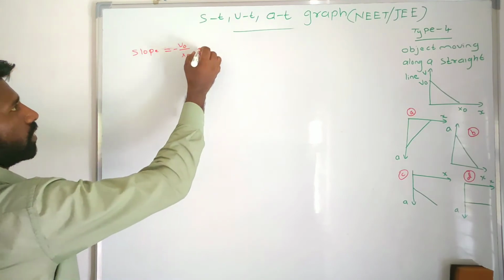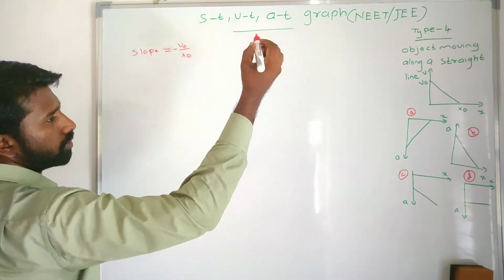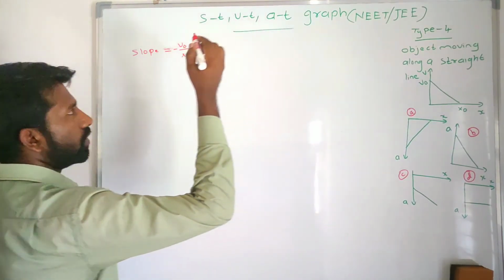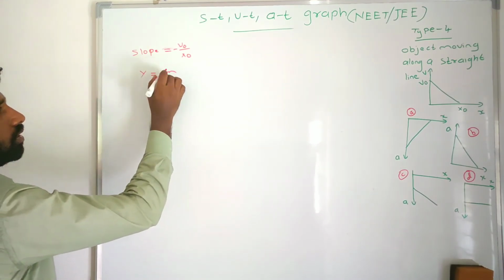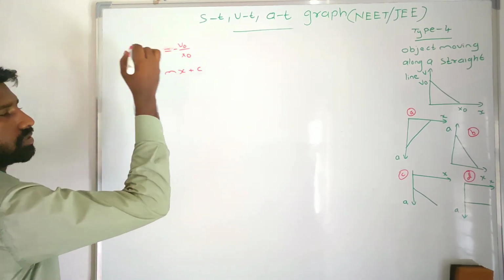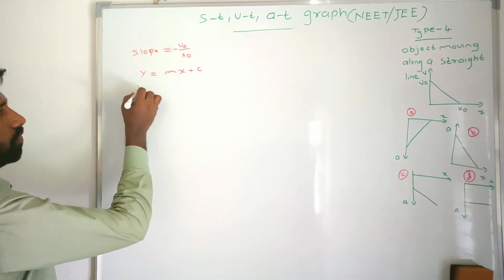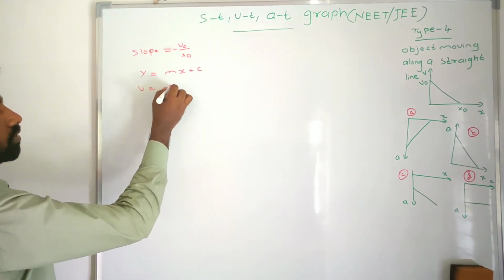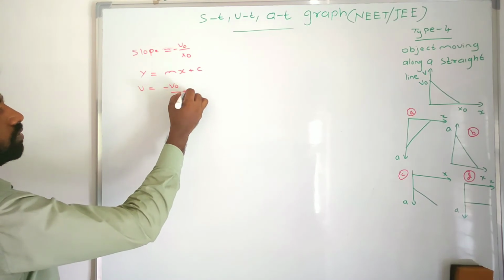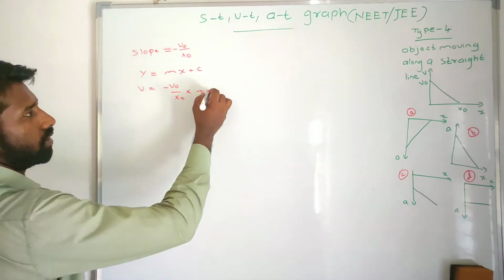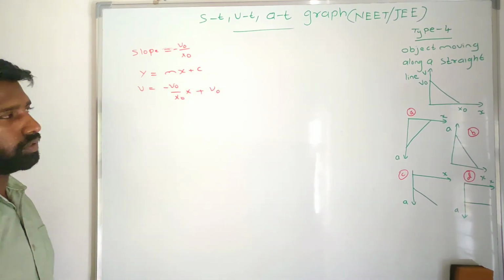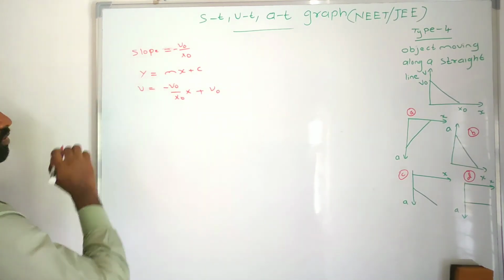And what about the y-intercept? The y-intercept is v0. So we can write the equation of a straight line, y is equal to mx plus c. Here y is v. m is minus v0 by x0 into x displacement plus the y-intercept, that is v0. This is the velocity equation.